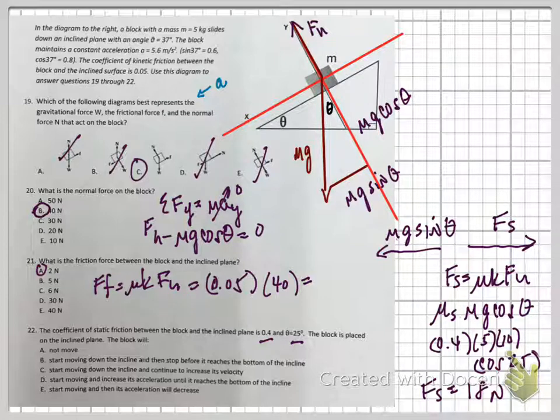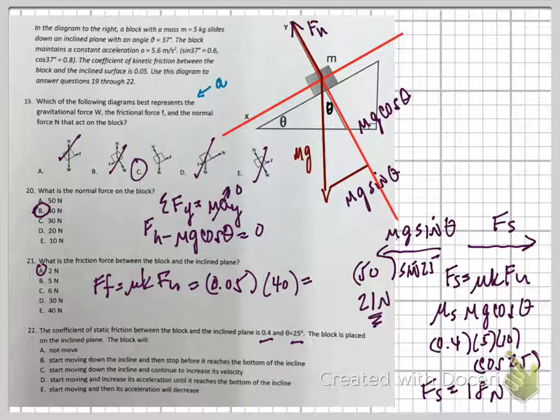Mg sine theta, so that would be 5 times 10, which is 50, times the sine of 25 degrees, and we're getting the force moving it down the incline would be 21 newtons.